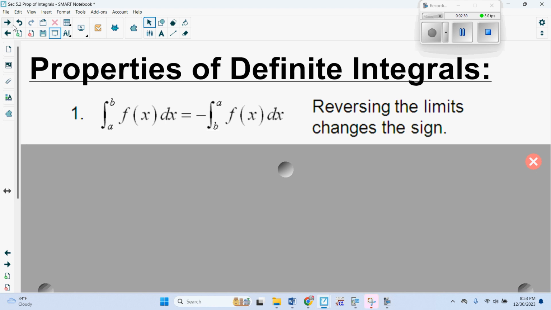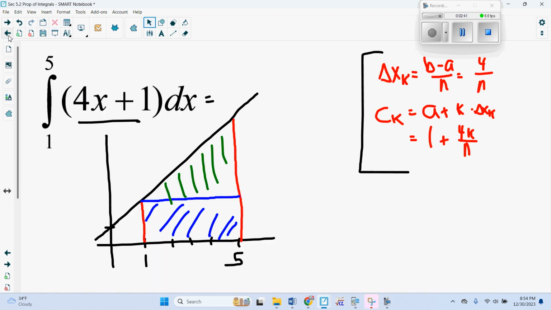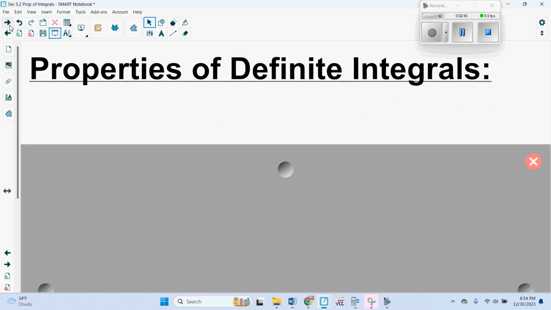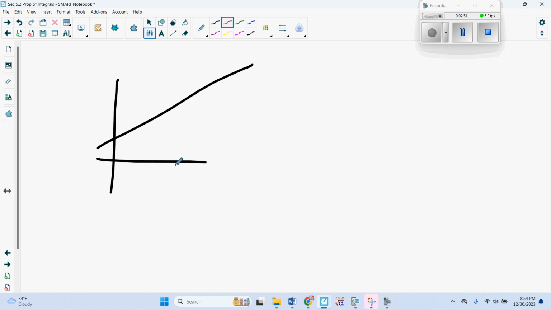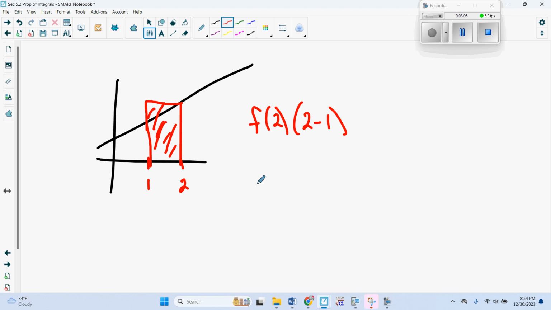So if you think about that from our rectangles that we've looked at previously, if you think back to our RAM rule, and if we have 1 to 2 and we're trying to find that area, and let's say we have that rectangle right there, we would say that would be 2 minus 1 to find the area.